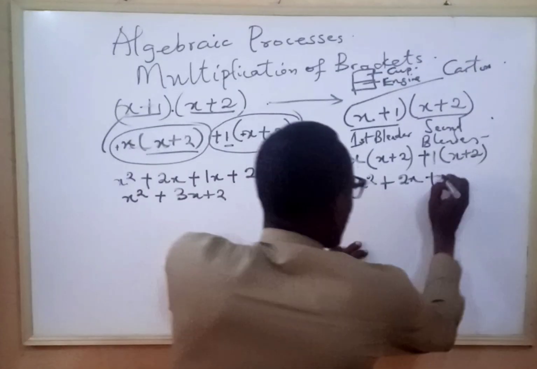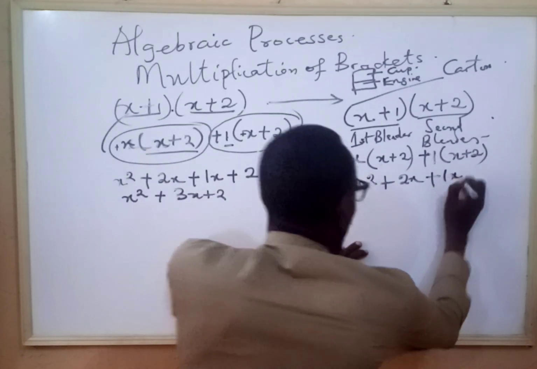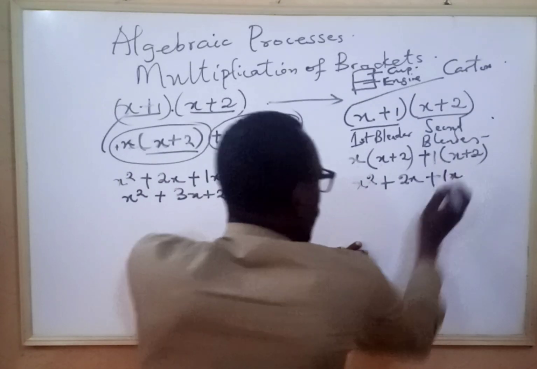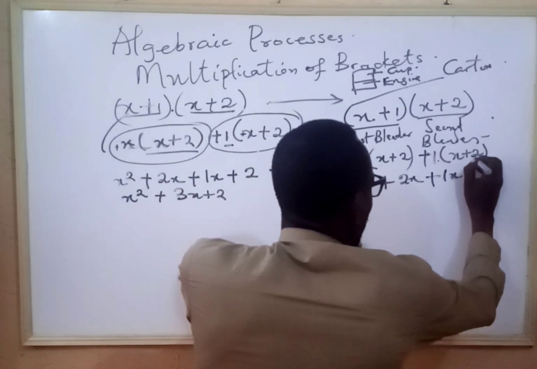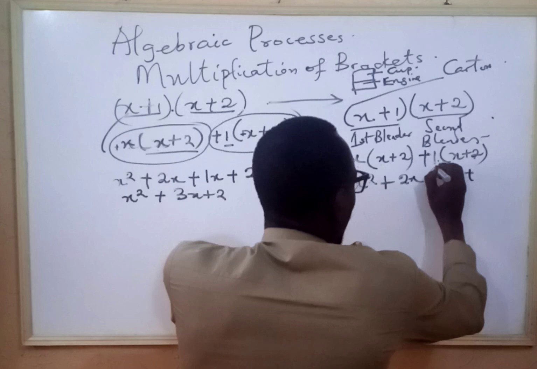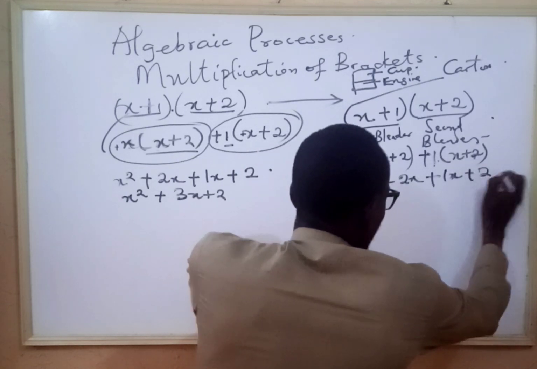Now, the first blender's cup multiplied by the engine, plus the cup in the second blender. This is the cup in the first blender. This is 1 times 2, that is 2.